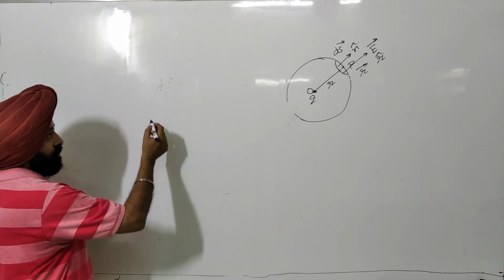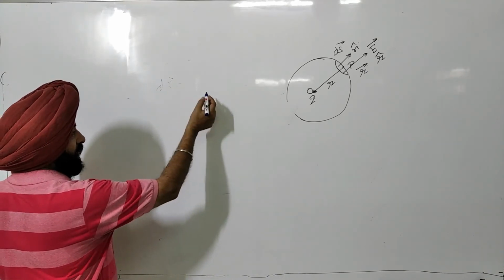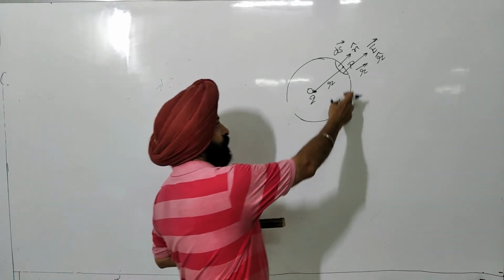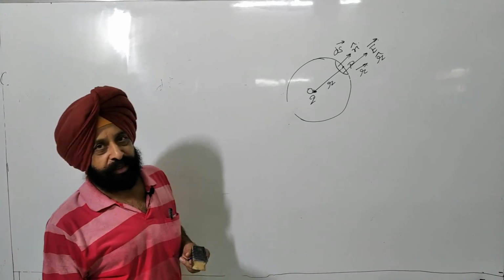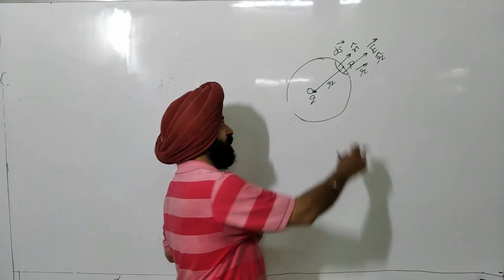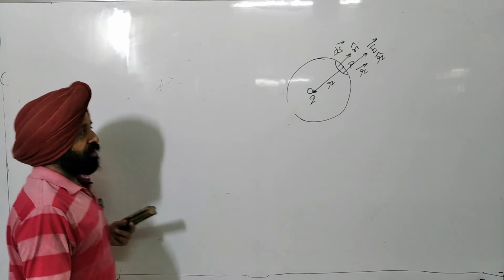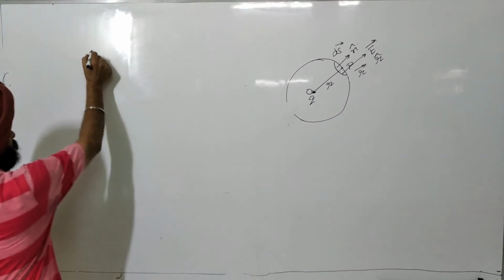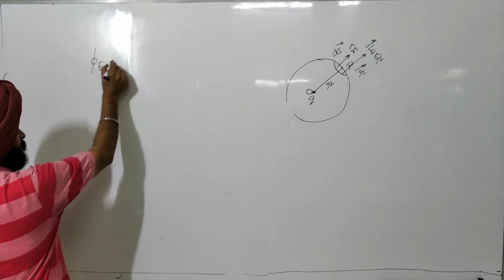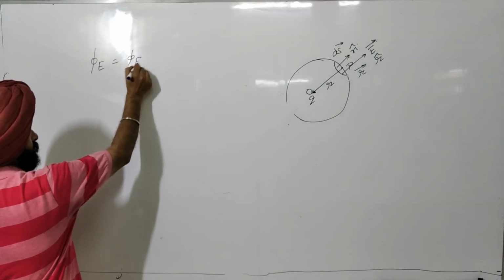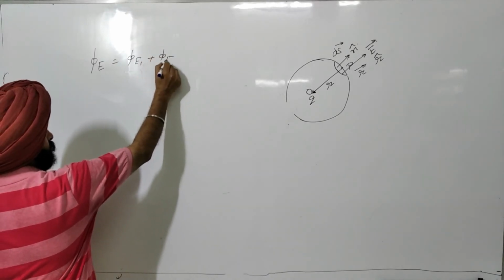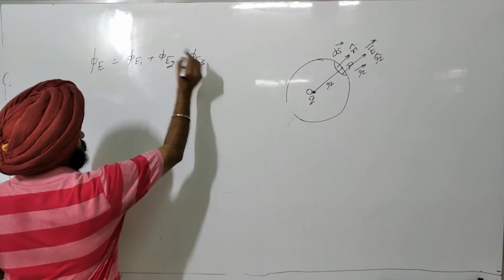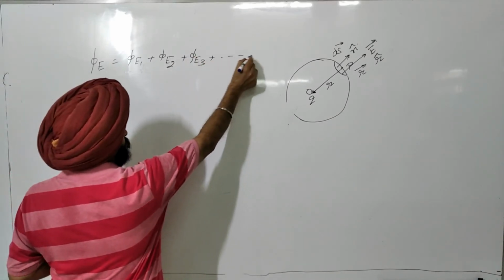Students, if there are any number of charges, the total charge is the algebraic sum of the charges included in the Gaussian surface. So the total flux is the sum of the fluxes due to individual charges, phi E1 plus phi E2 plus phi E3, and so on.